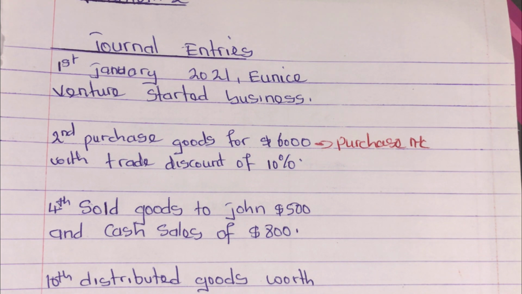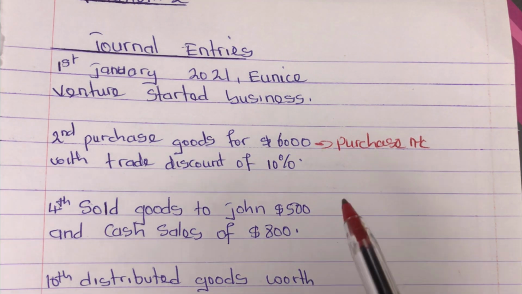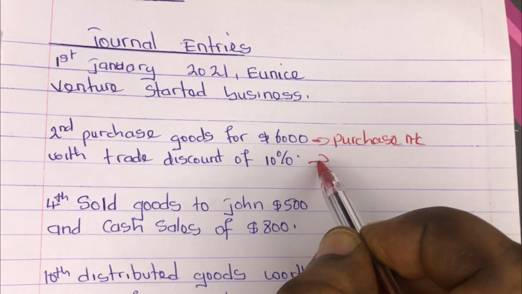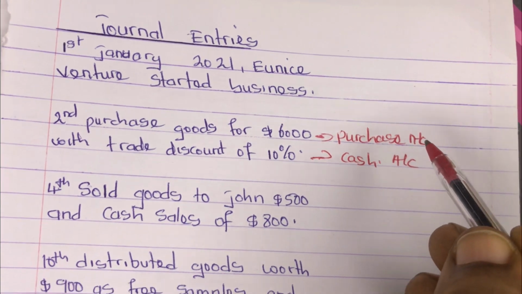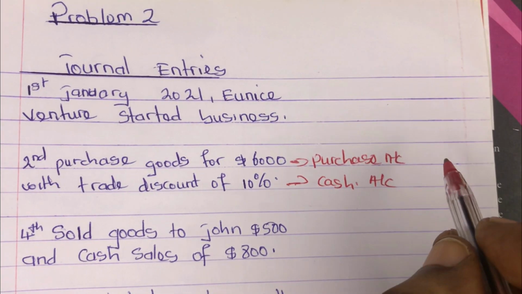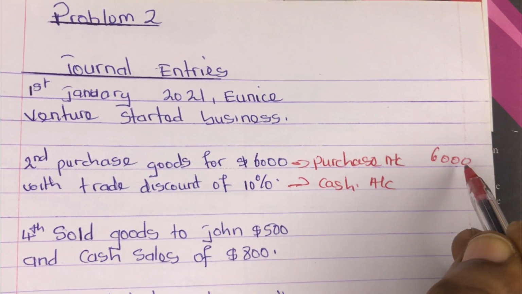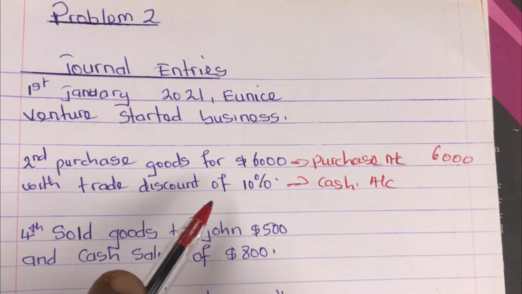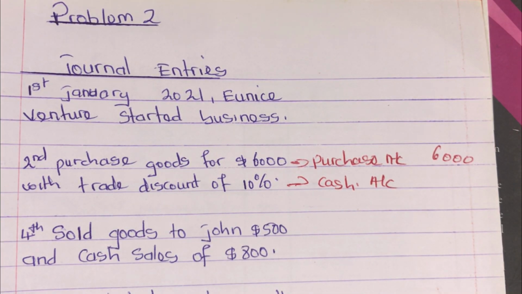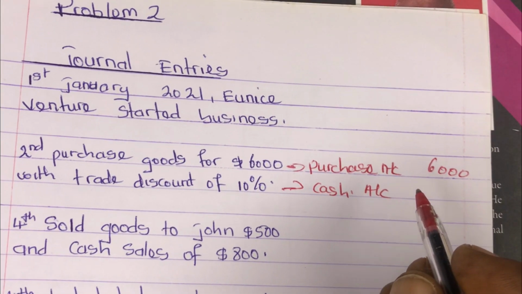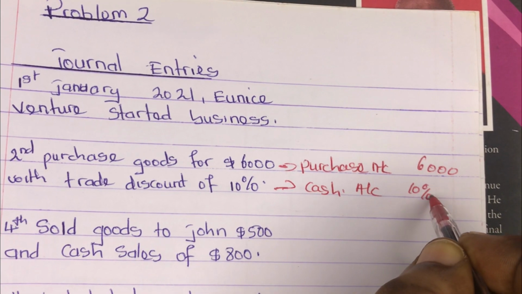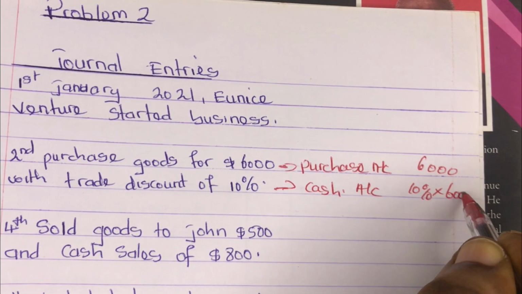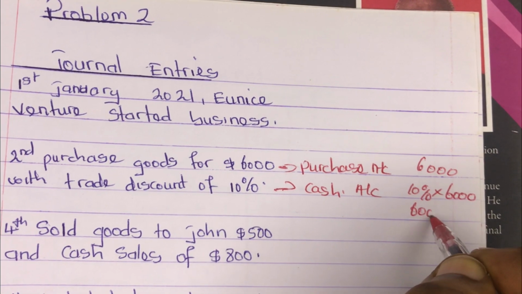So we purchase with cash. So that is the second account. So we purchase the goods for $6,000 and then we receive a discount of 10%, meaning that we need to calculate 10% from this amount. 10% of 6,000, which is 600.